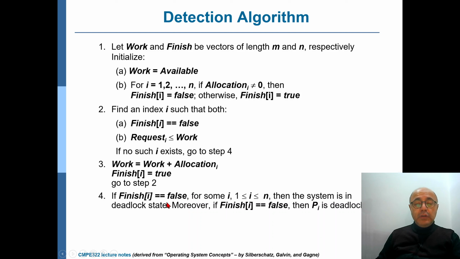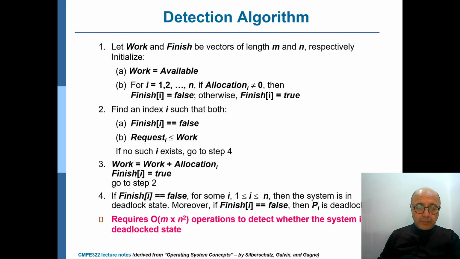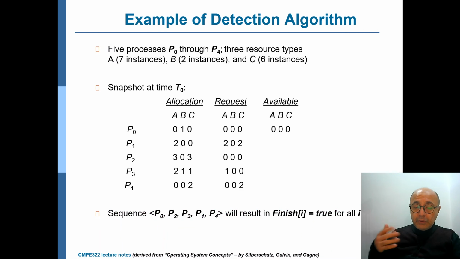If so, those are the processes, and there could be multiple of them, that are in a deadlock. So we don't only detect a deadlock, but we also detect which processes are in the deadlock. This algorithm requires m by n squared operations to detect whether the system is in a deadlocked state or not. Therefore, we don't want to run this algorithm very often.